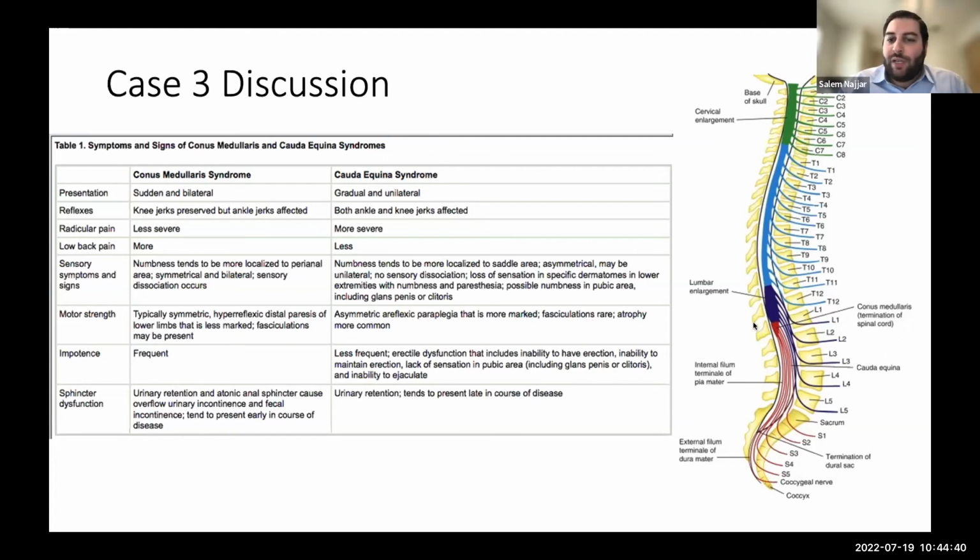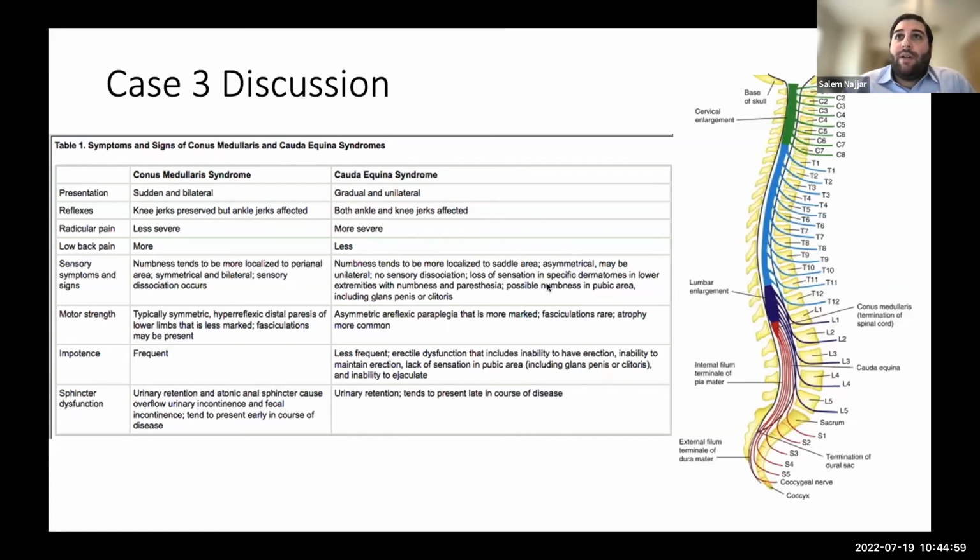So just reviewing really quickly, you can see the conus medullaris, which is the termination of the spinal cord. This happens at like the level of L1. You see the cauda equina comes in below it and is like this frayed nerve root looking structure. So that is the difference between those two.